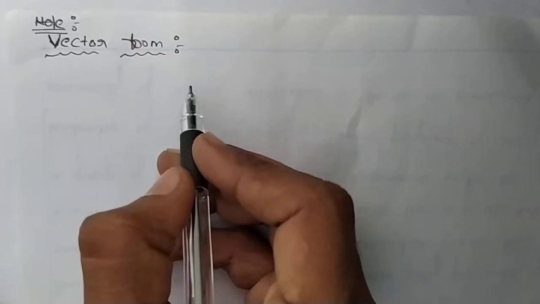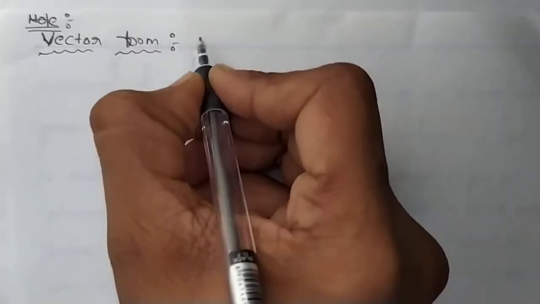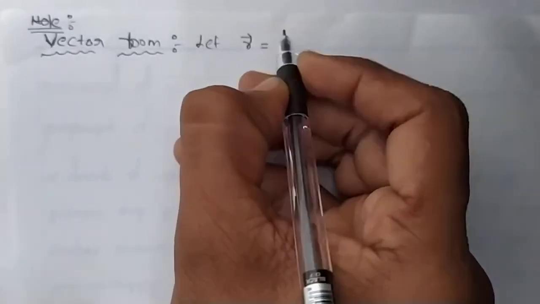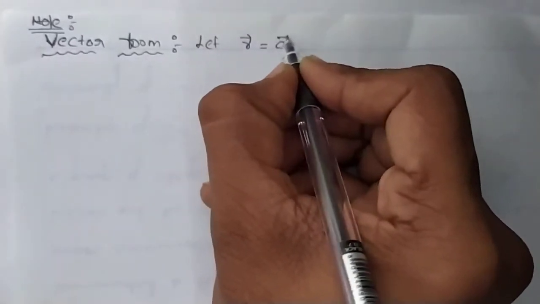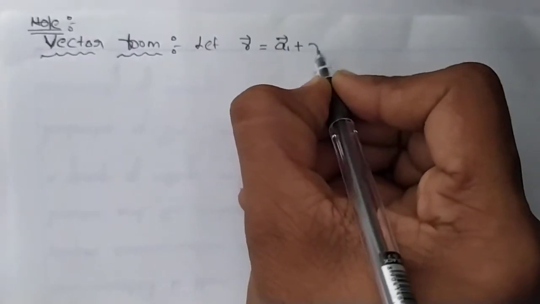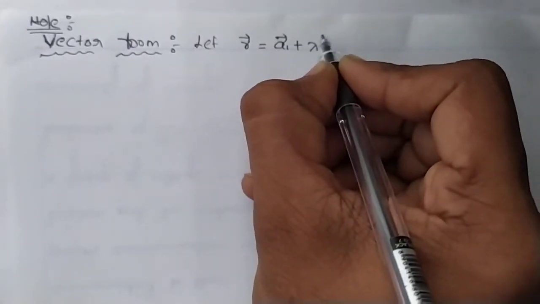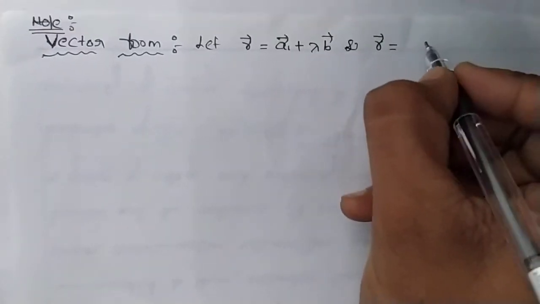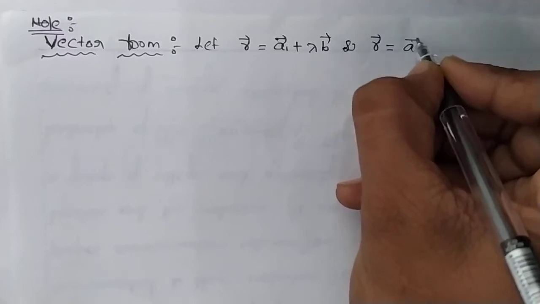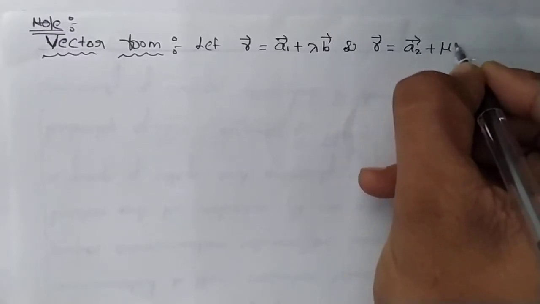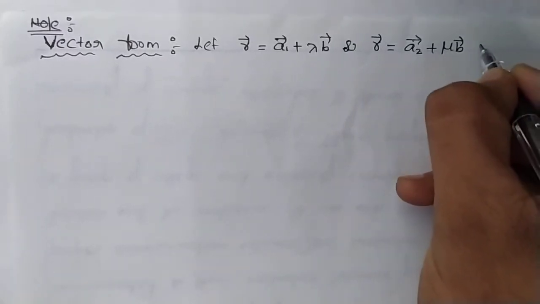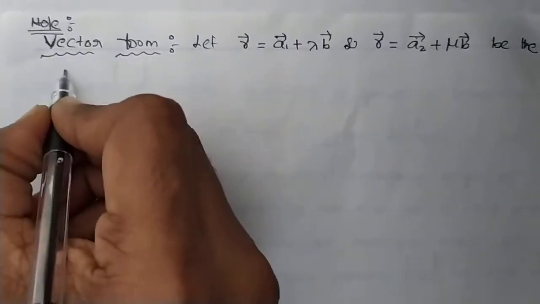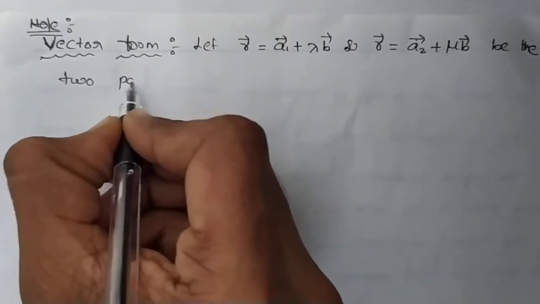Previous derivation of the vector form is what? Let r vector equals a1 vector plus lambda b vector and r vector equals a2 vector plus mu b vector be the two parallel lines.